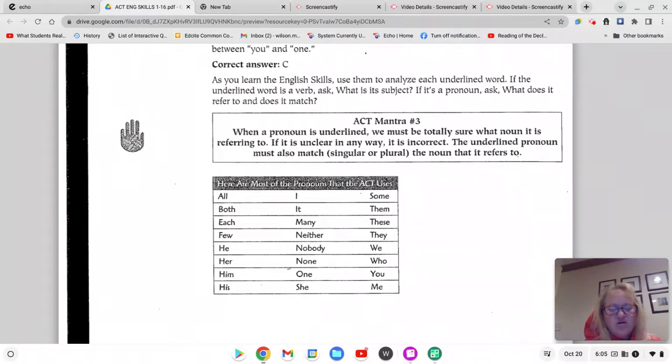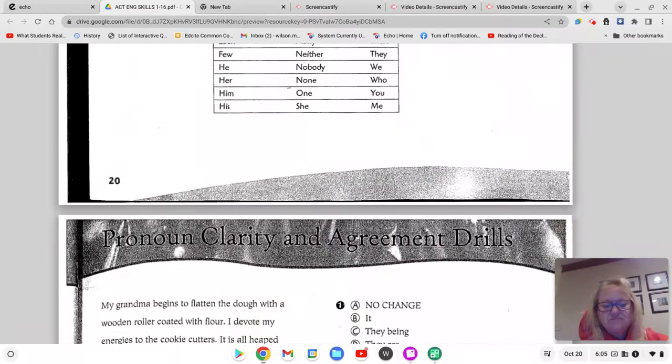They are all, both, each, few, he, her, him, his, I, it, many, neither, nobody, none, one, she, some, them, these, they, we, who, you, and me.